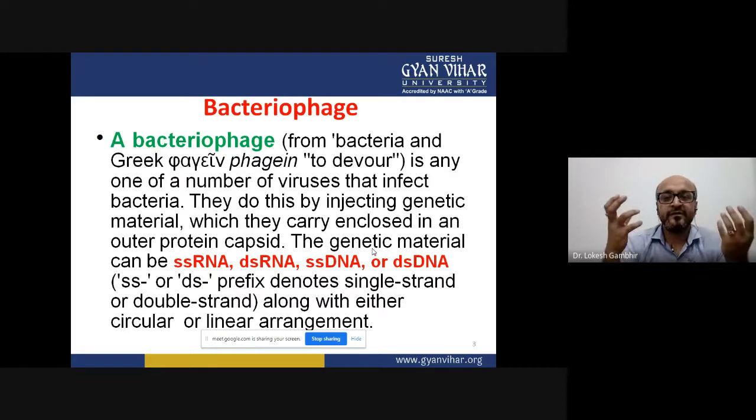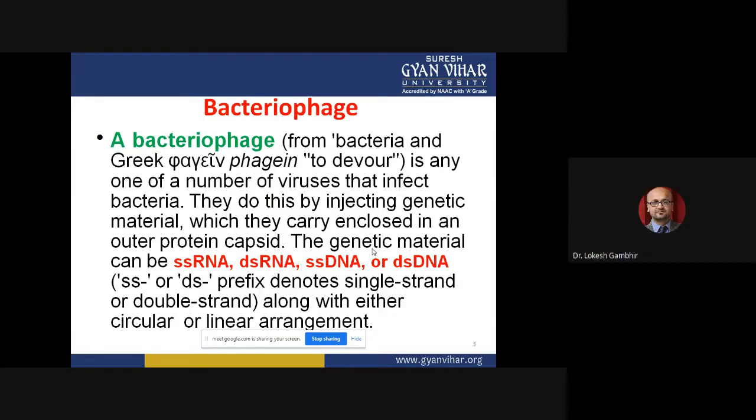That particular state is called a prophage, and there needs to be a certain stimulus in order to activate it. That particular mode of cycle is called the lysogenic cycle. Then it gets stimulated and again follows the lytic cycle, utilizes the host machinery, increases its number, lyses the cell, and multiple particles are released again. That is how one should have a pre-notion before going in depth into bacteriophages.